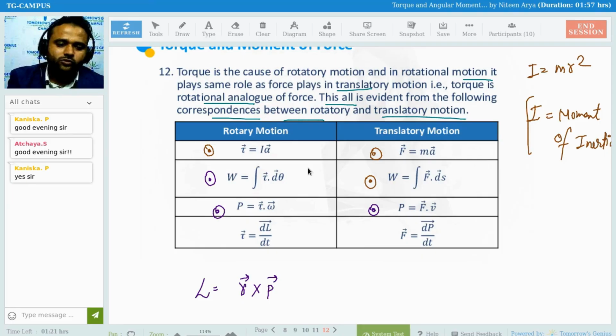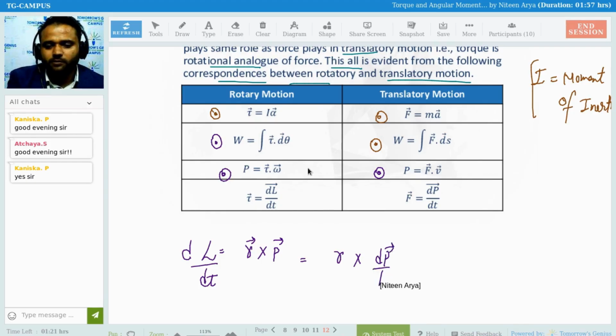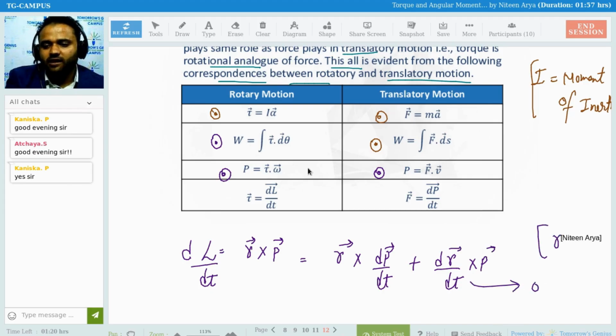Clear? So if I differentiate this, you can directly see that dL by dt, r is going to remain the same, so it is r cross dp by dt. Why shouldn't I do this? Even the other term, if we want, is going to give me 0, because r here in general is fixed or constant.